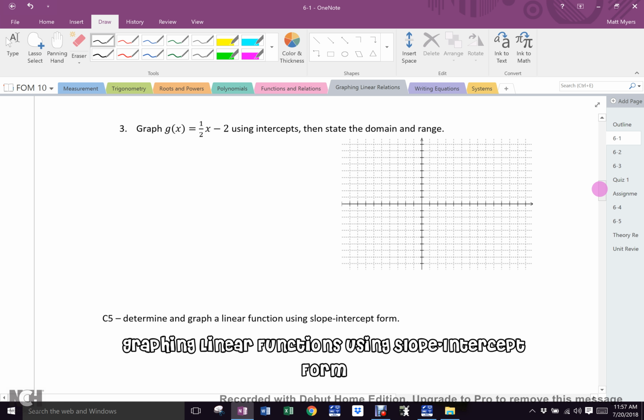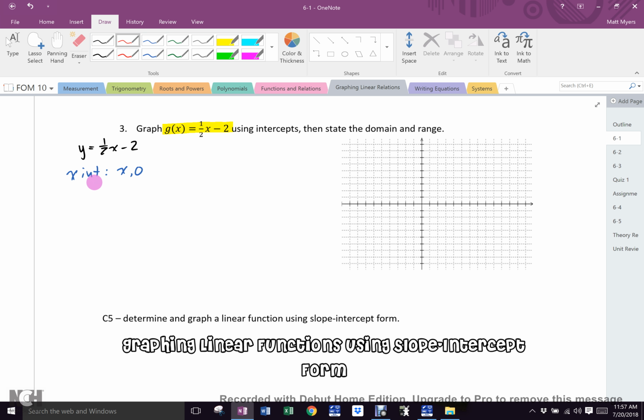Another one. Oh, but this one has fractions. Mr. Myers, why you got to be that way? How should I write that if I'm going to graph it? Y equals 1/2 x minus 2. What is every single x-intercept? X, 0.